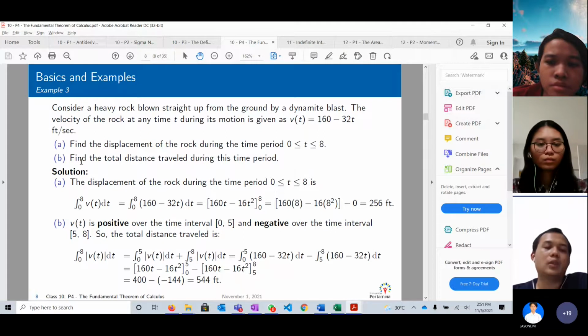As for B, this is quite different. For B, we want to find the total distance traveled during this time period.